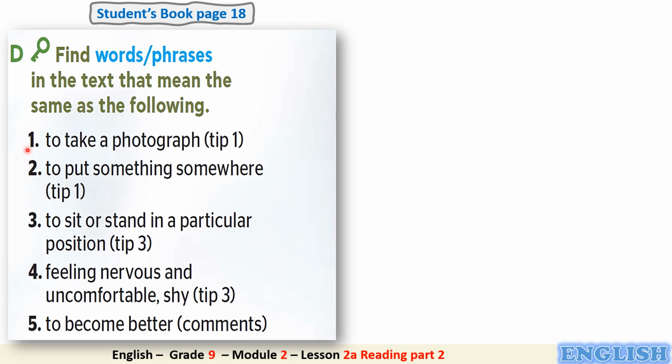We are going to find the words or the phrases that have the same meaning of these statements or phrases. Now, pause the video, read these statements or definitions or meanings, then go back to the text and find the words and the phrases.